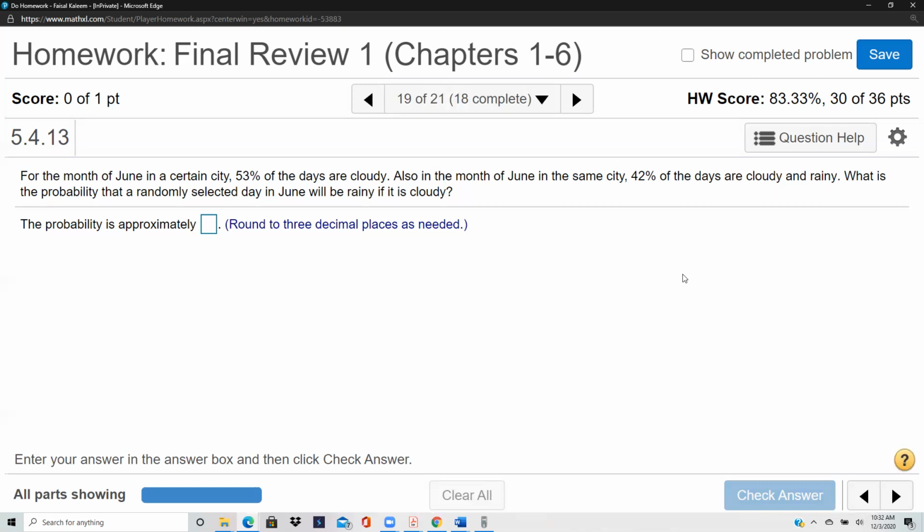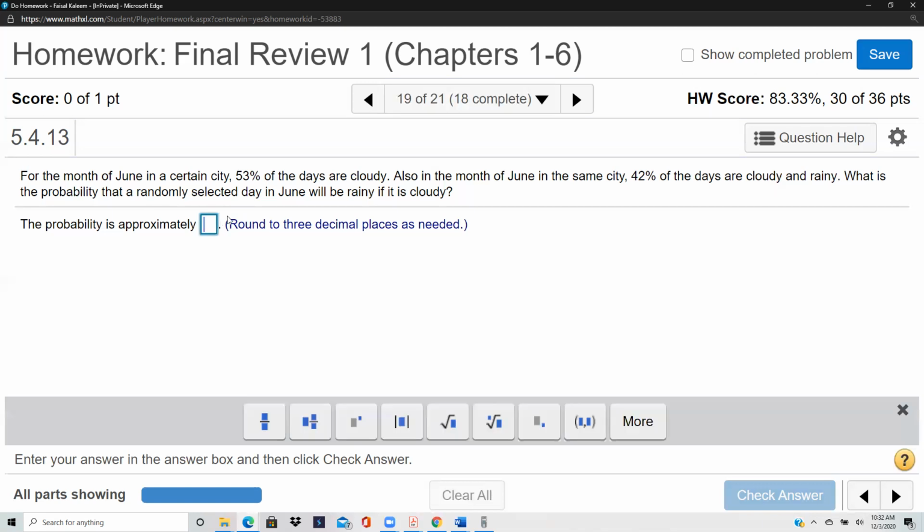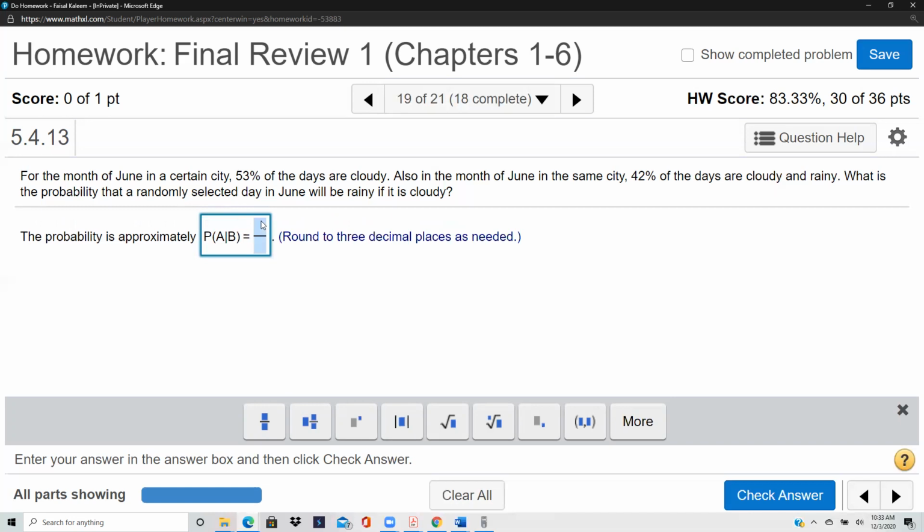So do we have a given B formula? Probability of A given B, what is it? Did we use this symbol for the given, this straight line? Yes. Okay, A given B. So that's probability of A and B divided by?